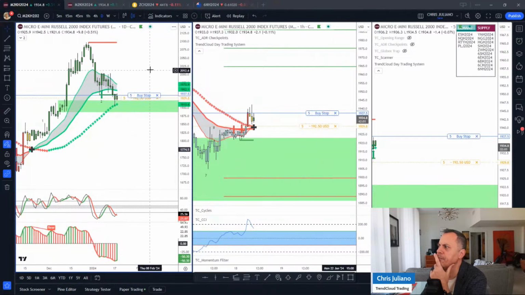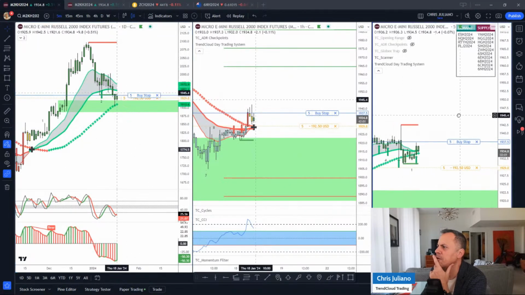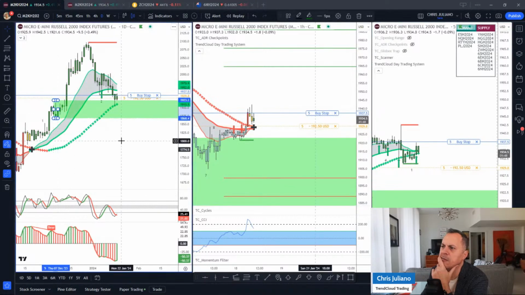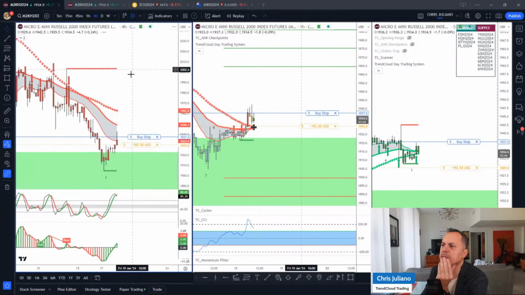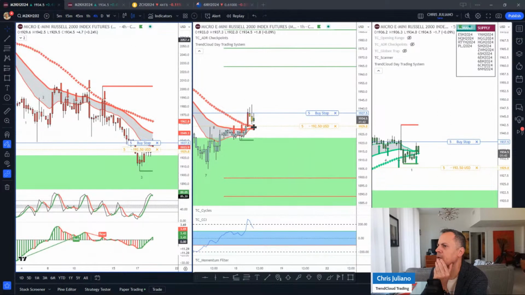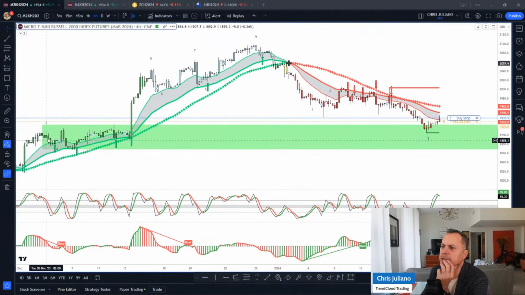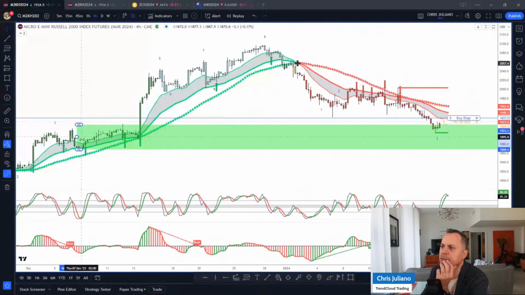But that's all good. Let's see here. Daily curve. I got the daily curve right here. I'm seeing it as low on the daily curve, but maybe you're looking at 4-hour.